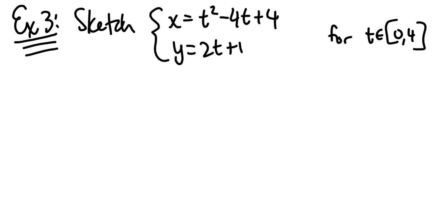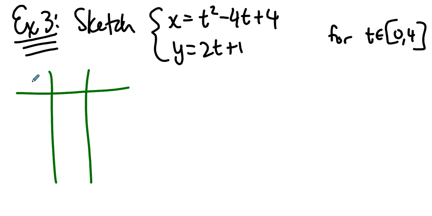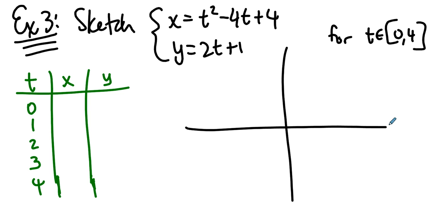Let's graph that. So we'll take some time. We'll decide what the x and y coordinates are at those values of t, and then we'll graph and see what happens. Well, the t values go from 0 to 4. Plugging in those values to this generates certain x values.